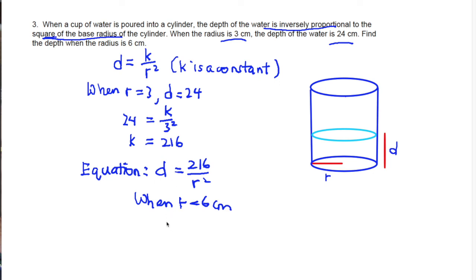Substituting into the equation, we have the depth is 216 over 6 square. The depth is 6 cm. Now we take a look at the second example.